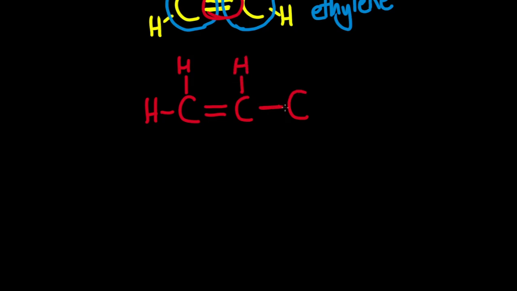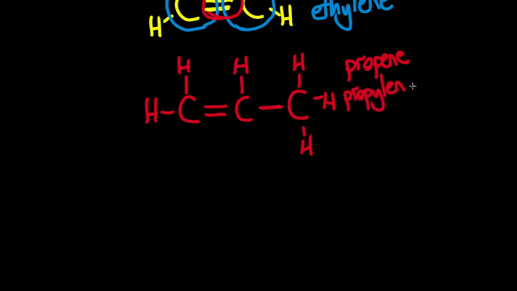And because this carbon only has 1 bond, I'll put 3 hydrogens on it. Okay? And you can go through these, circle the carbons, and make sure that the octet rule is satisfied. Okay? This molecule is going to be called propene because it's got 3 carbons and it's got a double bond in it, or you'll see it as propylene. Okay? That's a classic name for it.